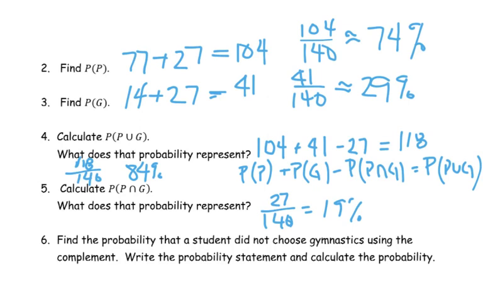And now for the last question, question 6, find the probability that a student did not choose gymnastics using the complement. Write the probability statement and calculate the probability.